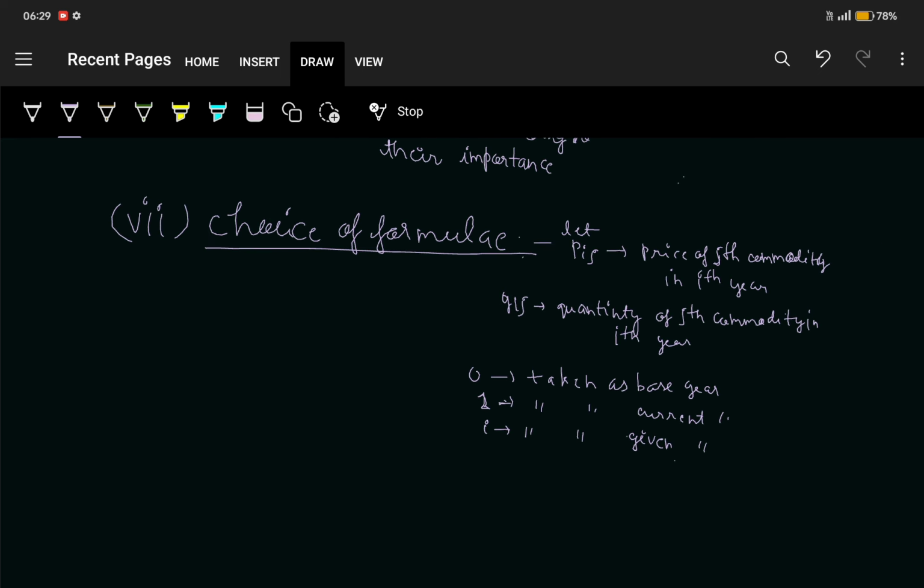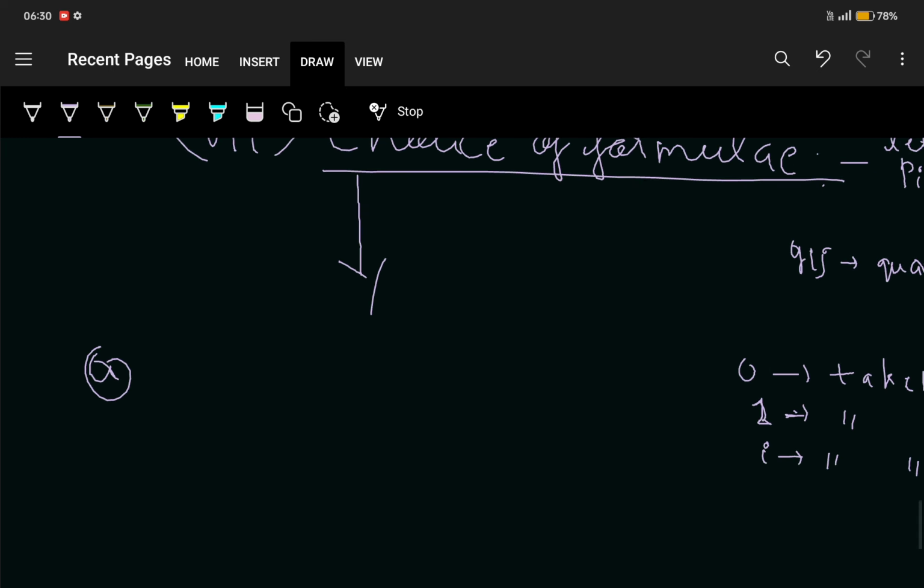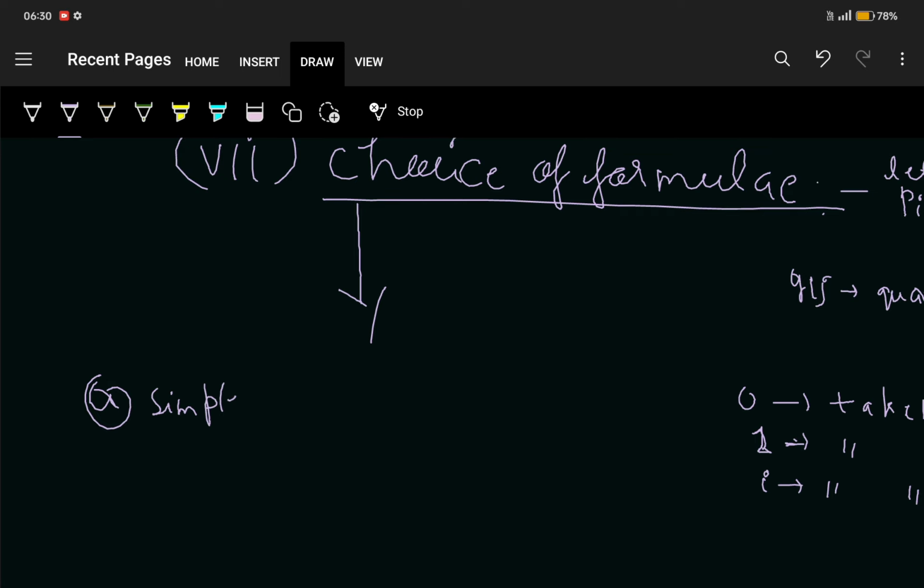And we have two types of formulae. इसे इधर लिखते हैं. First, simple aggregate method, and second is weighted aggregate method. So simple aggregate method.